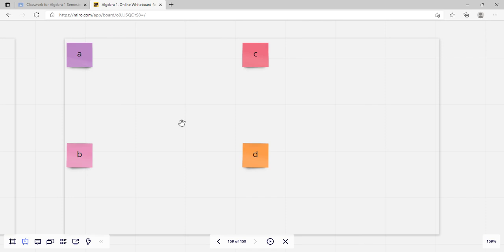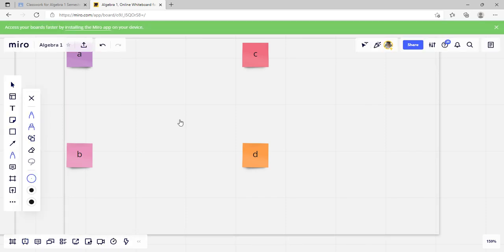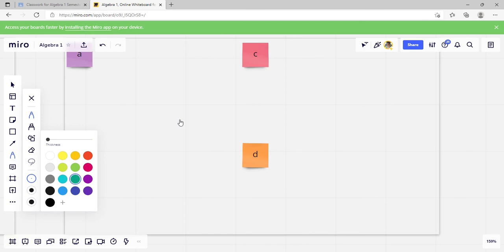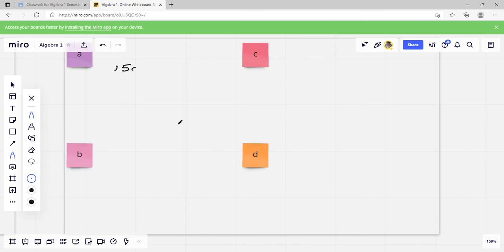Alright, practice A. For A, we have 15a squared z to the 8th minus 35 z to the 5th a.